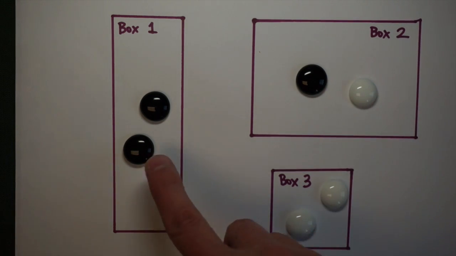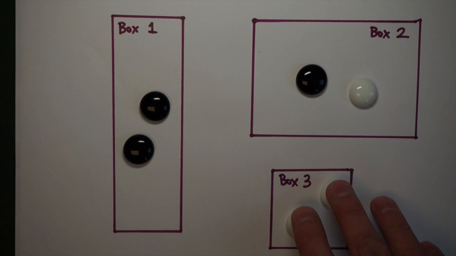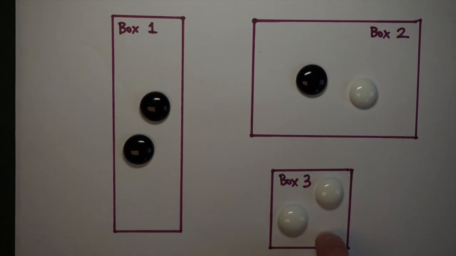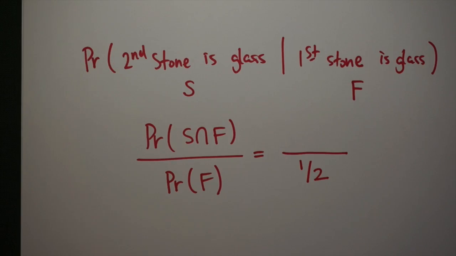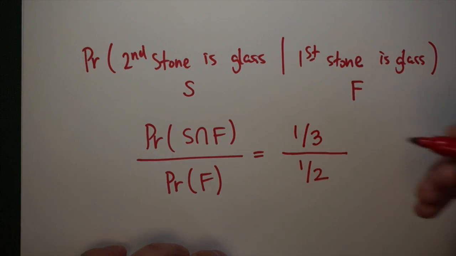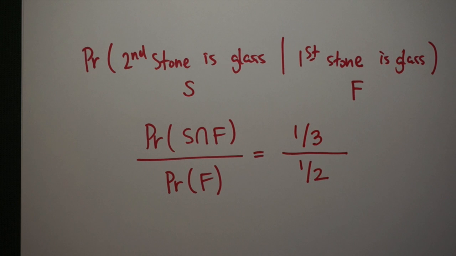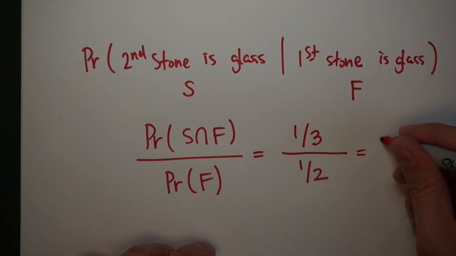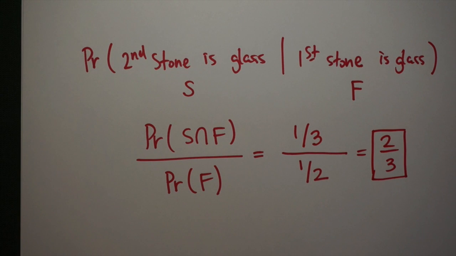So I can't be in box 2, I can't be in box 1, which means I had to be in box 3. It had to be these 2 stones. So there's a 1 in 3 chance that I picked the right box to start with. So my fraction becomes 1/3 over 1/2, which when you simplify, you have a probability of 2 out of 3, 2/3. So why isn't the probability 1/2?